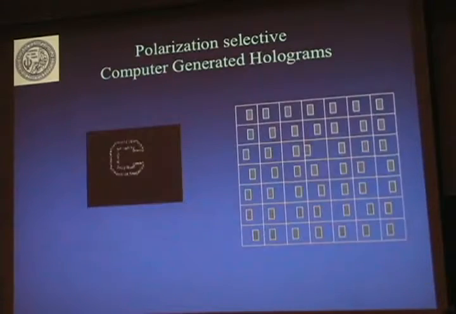So again, we use an arrangement similar to the previous one, but now the orientation of the principal axis of the gratings is either vertical or horizontal. And in the shifts of this, with the orientation of the principal axis, we encode the information.